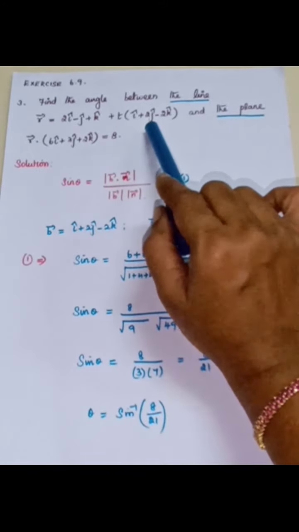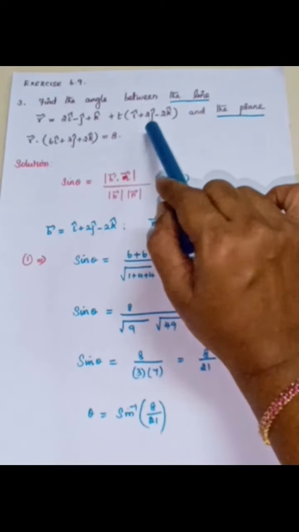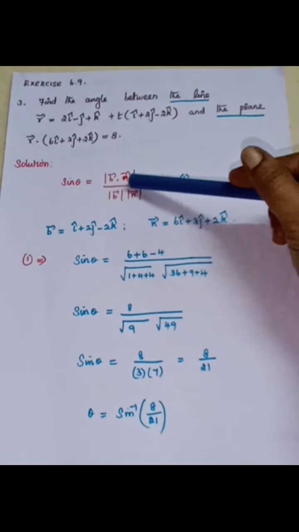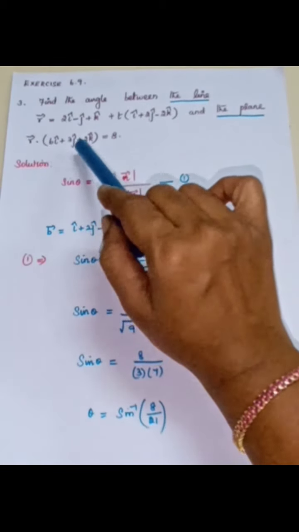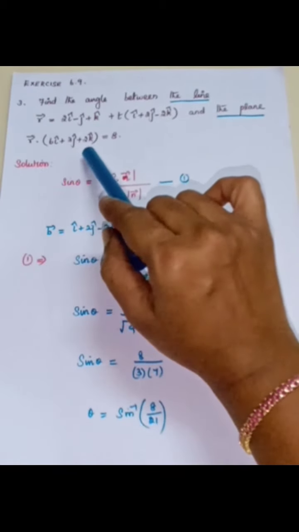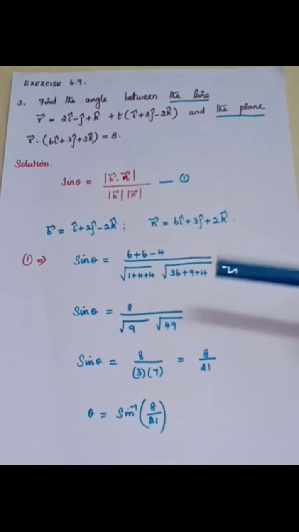So this is the parallel vector. So b vector is equal to i cap plus 2j cap minus 2k cap, and next n vector has to be taken from the plane. After the dot, this vector 6i cap plus 3j cap plus 2k cap is nothing but the n vector. Next we have to substitute in the formula.